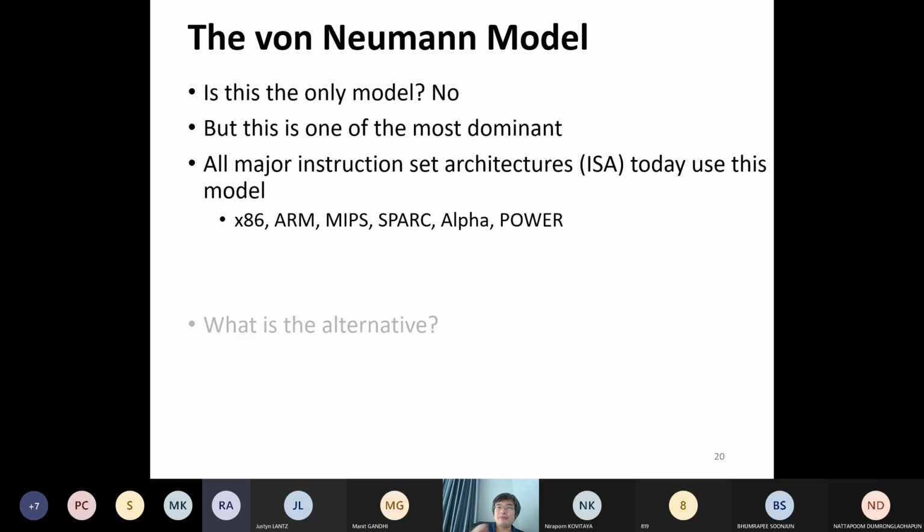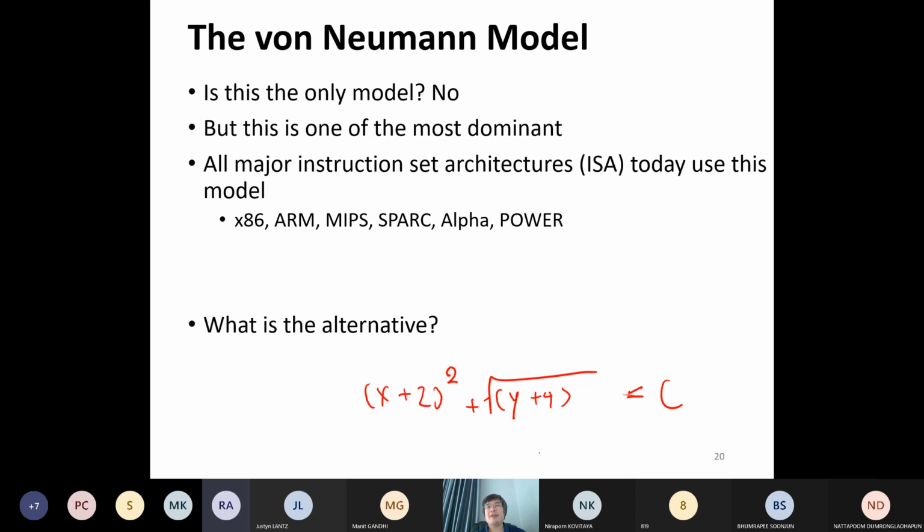What is the alternative to von Neumann? If you think about it, programs are functions. Functions are maps, right? So if I have an equation like this, I have inputs x and y and z.